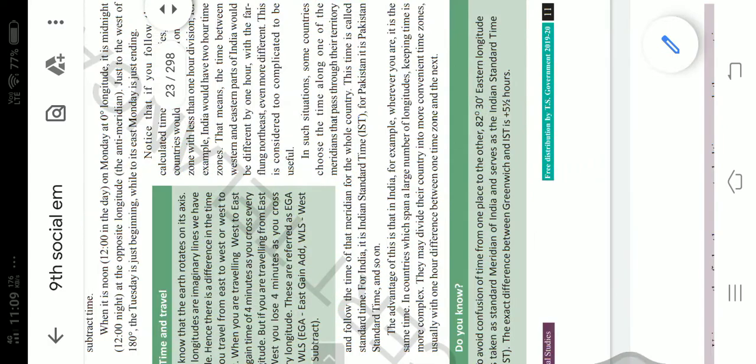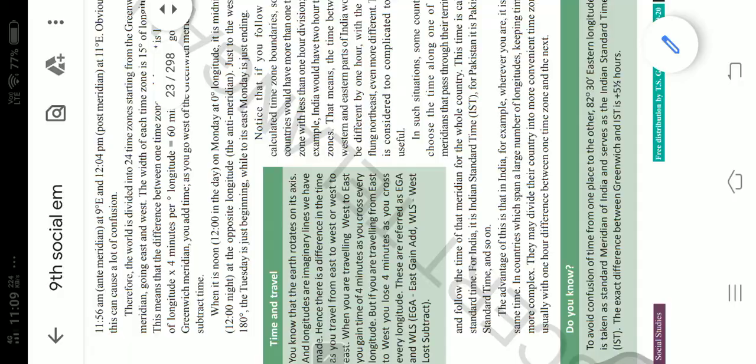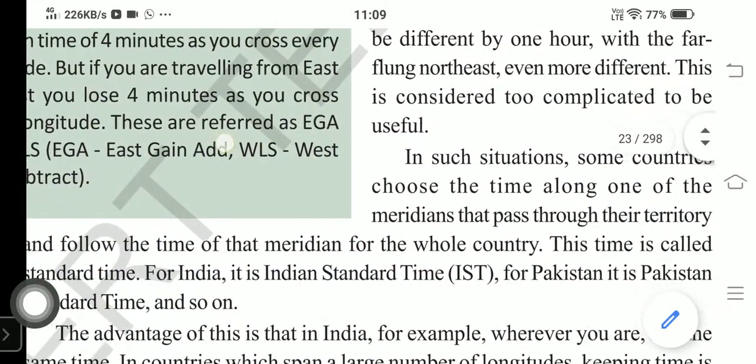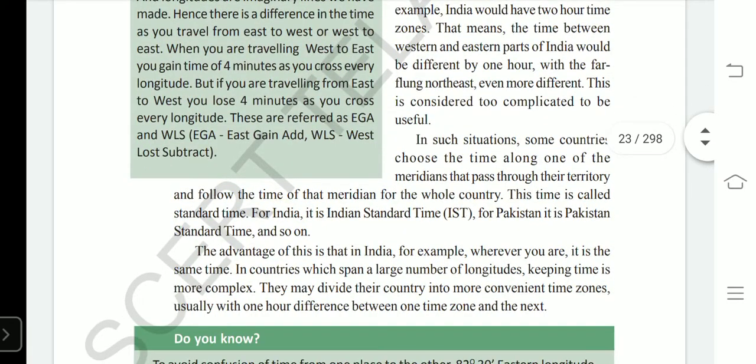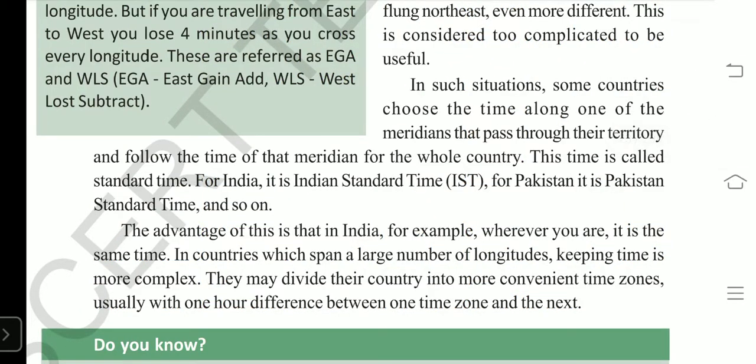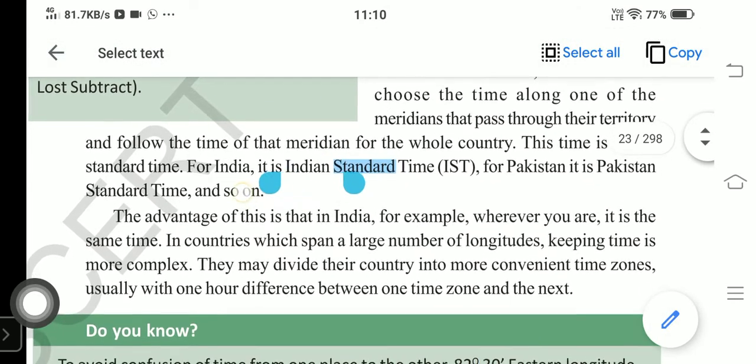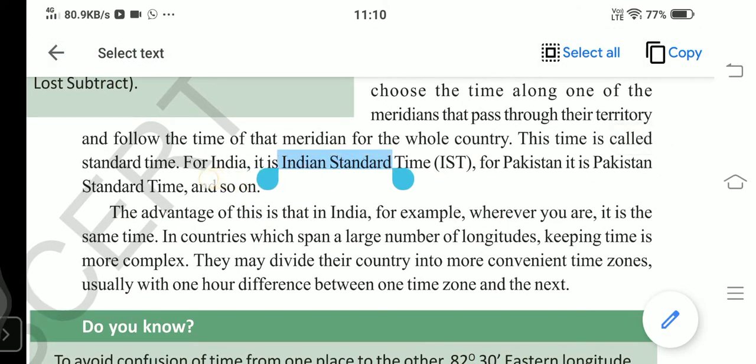Coming to you, this is a paragraph I want to show you, right? Look here. Indian Standard Time, IST. For India, we are following one standard time to avoid the time difference between east and west of India. A 2 hours time difference is there in India.